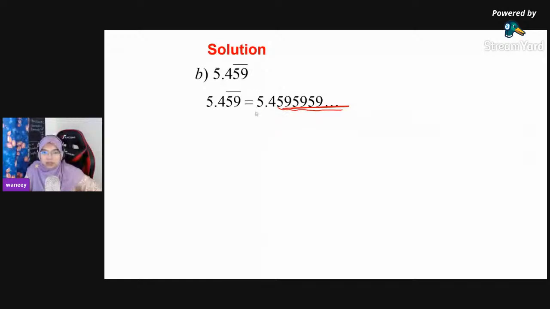Do make sure to read this very carefully and determine what is the first term and what is the common ratio. Be very careful when you find your first term and your common ratio.